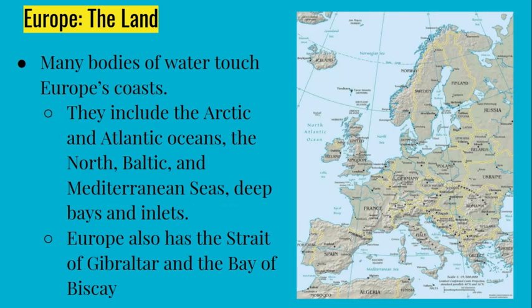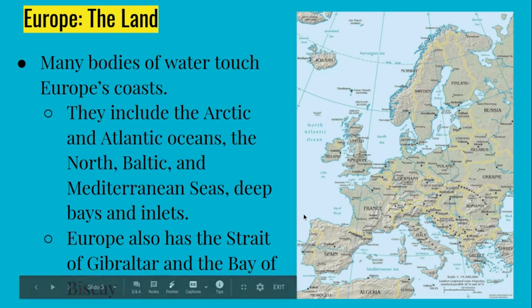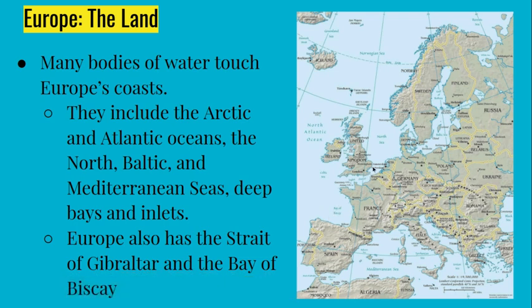There are many bodies of water that actually touch Europe's coast, and these include the Arctic and the Atlantic Ocean. There's the North, Baltic, and Mediterranean Seas, and then there's also some deep bays and inlets, such as the Bay of Biscay. You have that area right here. You have the English Channel over here, okay?